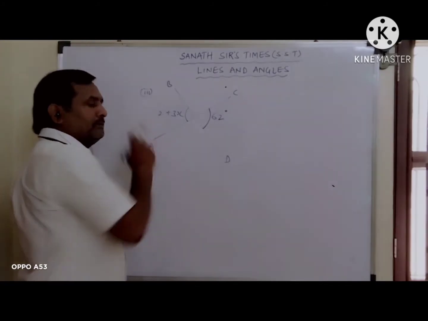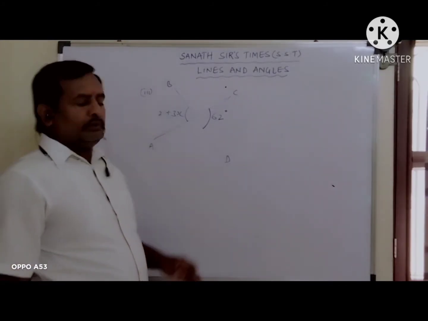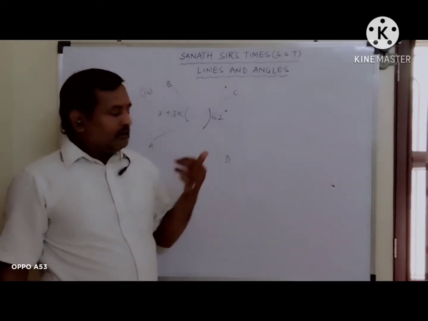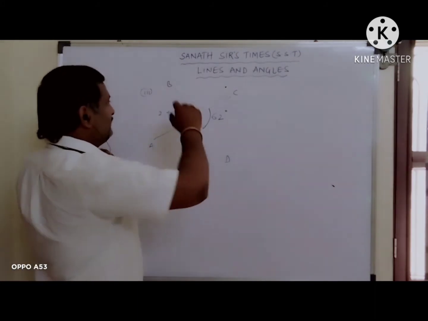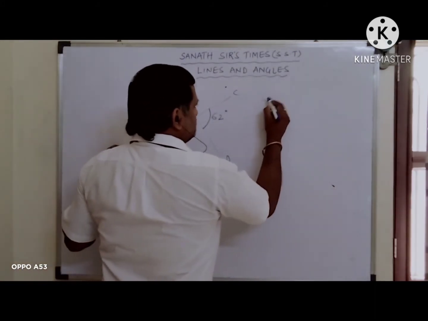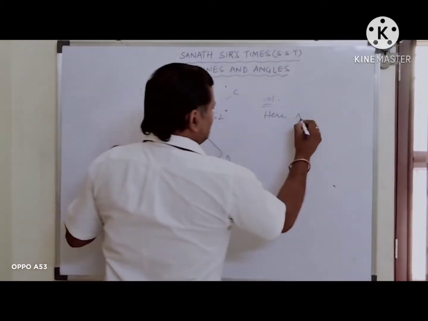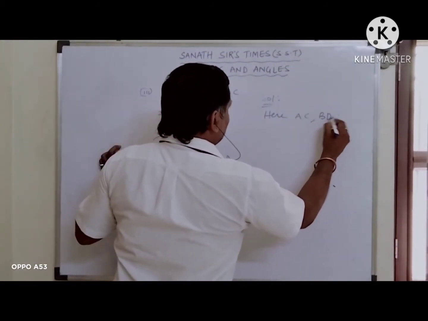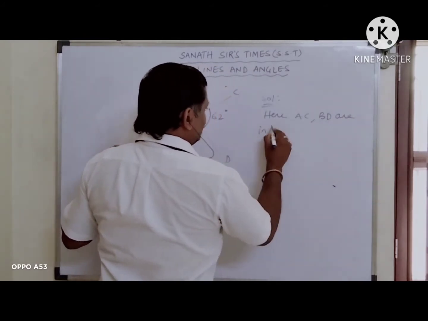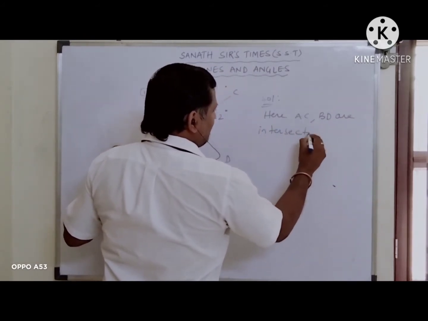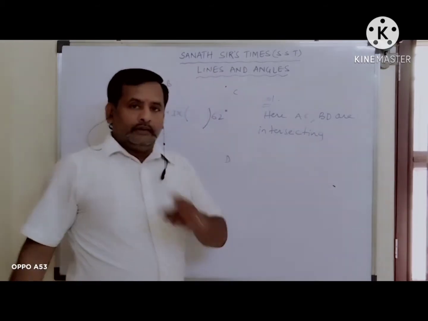Now look at question number 3, and this is the figure given to you asking you to find the value of x. Now these two lines here, AC, BD, intersect.